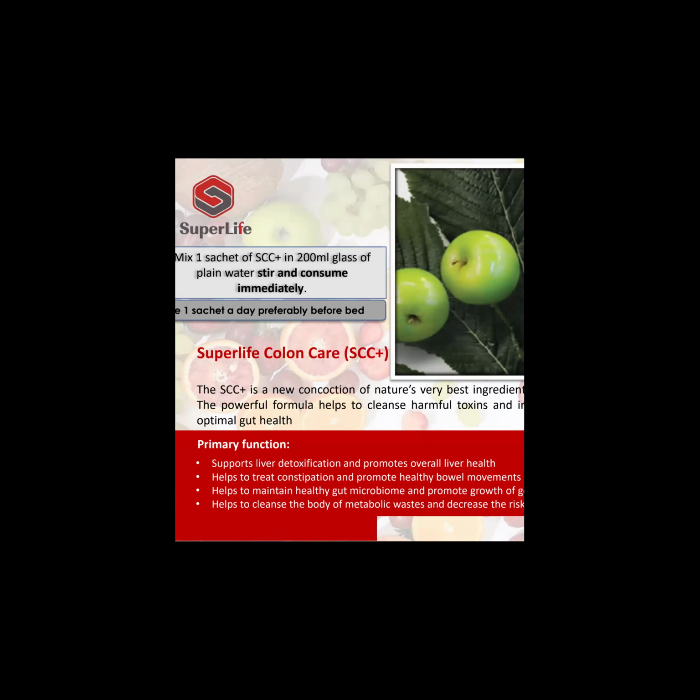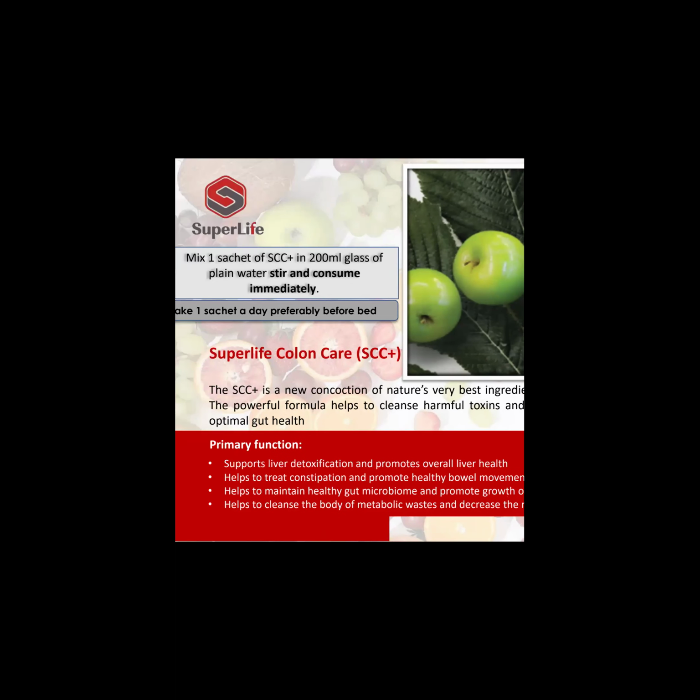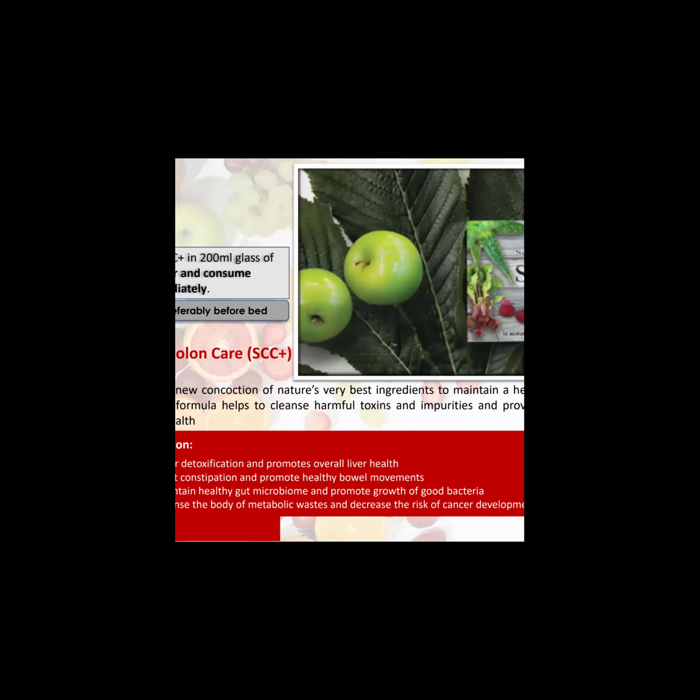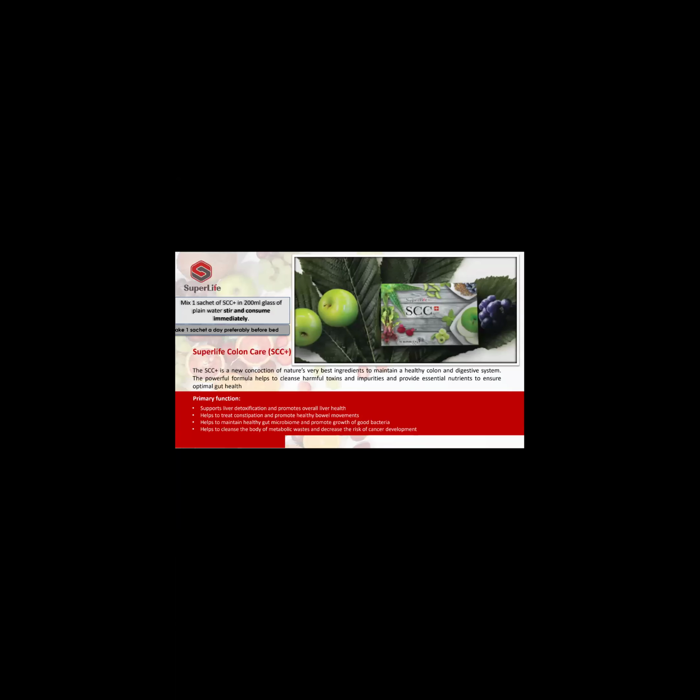It can also help with liver detoxification and promote liver health. It helps to prevent constipation and promote a healthy bowel. It helps to maintain a healthy gut microbiome, promote the growth of good bacteria in the body, and cleanse the body of metabolic waste and decrease the risk of cancer development.